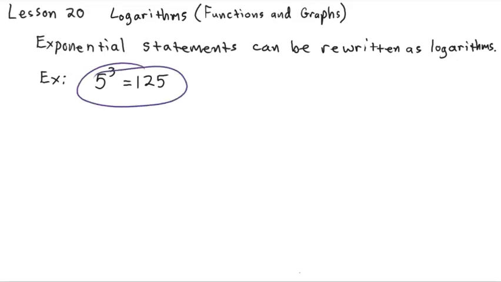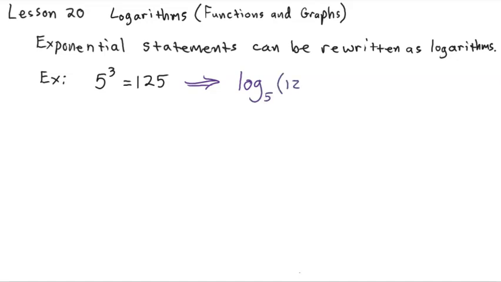There is an equivalent statement that's a logarithm that basically says the same thing. And here's what it's going to look like, okay? This is the exact same thing. We would write this as log base 5 of 125 is equal to 3, okay?